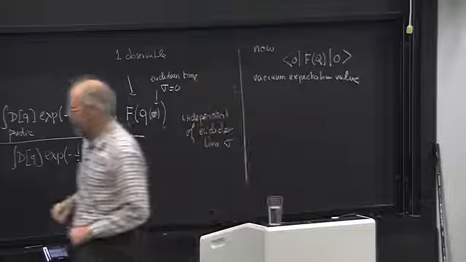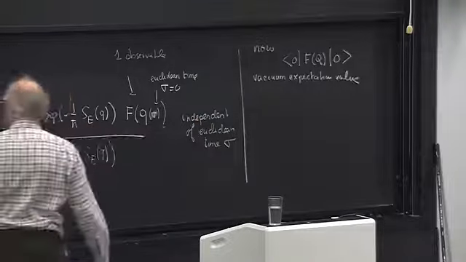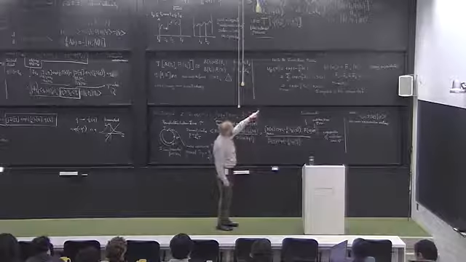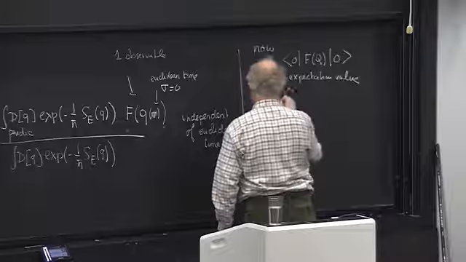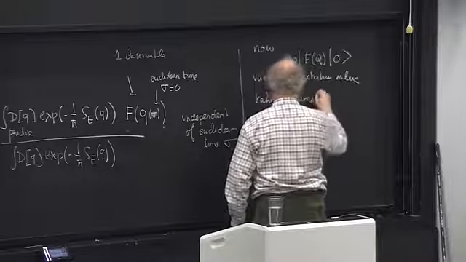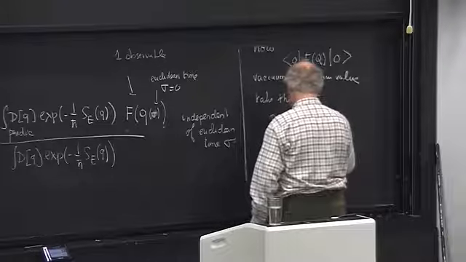What do we have to do? We have to compute this path integral, but we simply have to project on the ground state by taking the limit tau beta equal infinity.